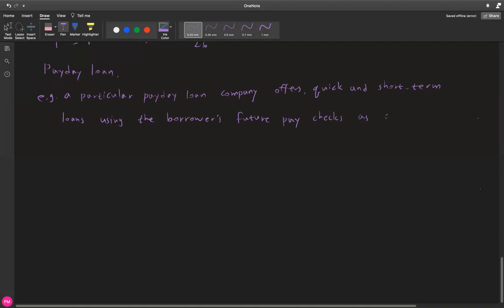As collateral. And let's say the loan company charges $17 for each $120 loaned for a term of 12 days.